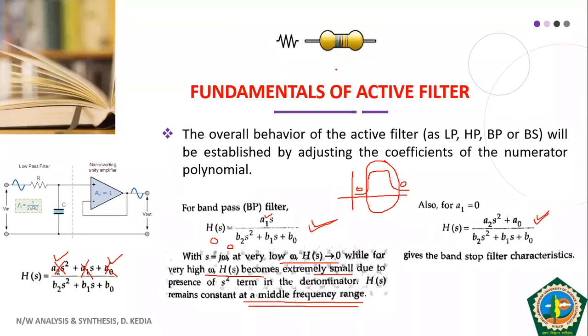In the case of the band reject filter, lower frequencies will be passed and high frequencies will be passed, and in between, the range of frequencies will be rejected. You can very clearly see here. This is how the basics of active filters work in the form of transfer functions.